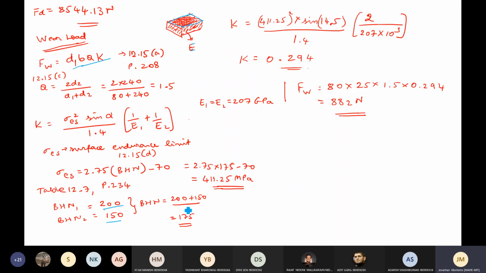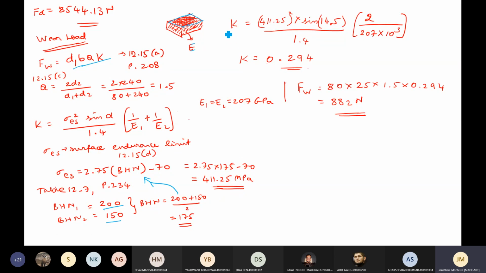Without any surface or heat treatment, you will have only 200 and 150 as the Brinell hardness number on the surface. The average is 175, which has to be substituted in this equation. So the surface endurance limit is 2.75 into the average BHN minus 70, which gives us 411.25 megapascals.